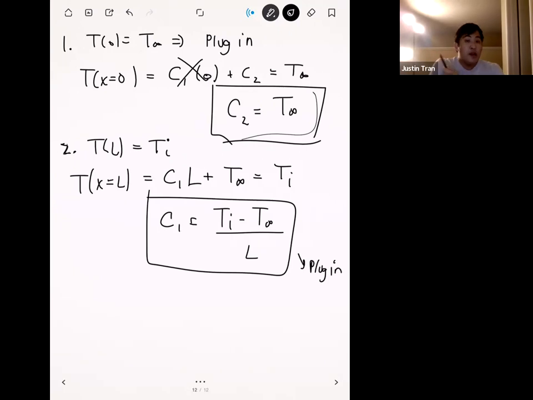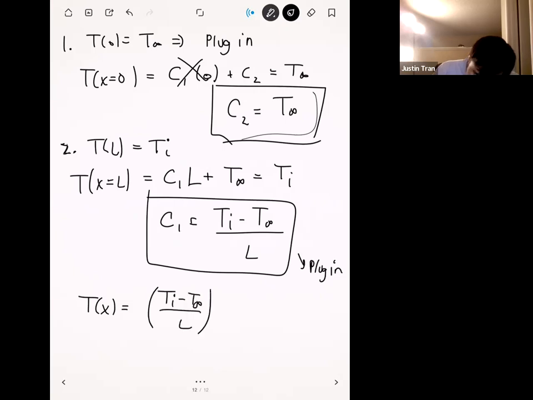Now that we have C1 and C2, we can plug these into our temperature equation. What we get is T of x is equal to C1 times x. C1 is Ti minus T infinity all divided by L, times x, plus C2, which is T infinity.